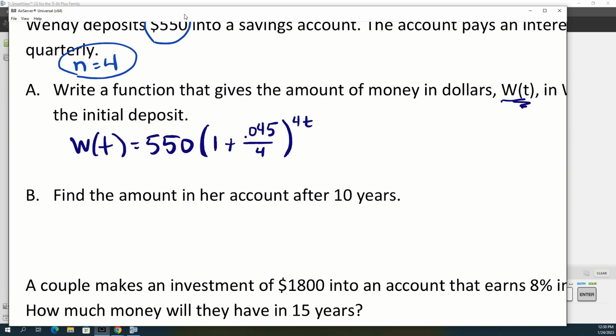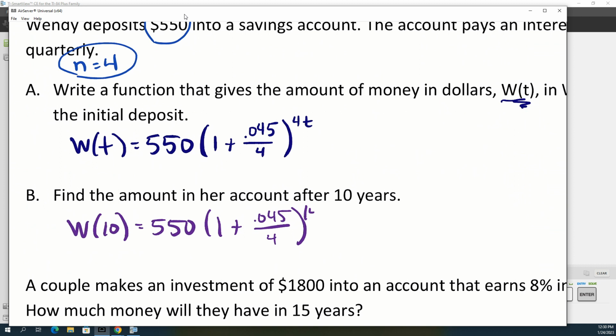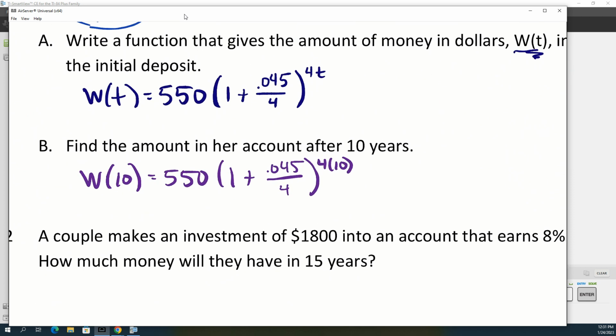Now if we wanted to know after 50 years how much money she would have, we could plug it in. We do want to know how much money Wendy has after 10 years. So we'll just go back and put 10 in for T. Where'd you get 4T at?